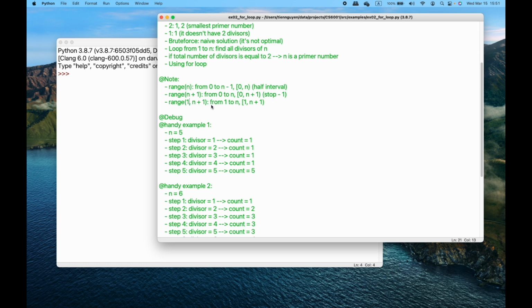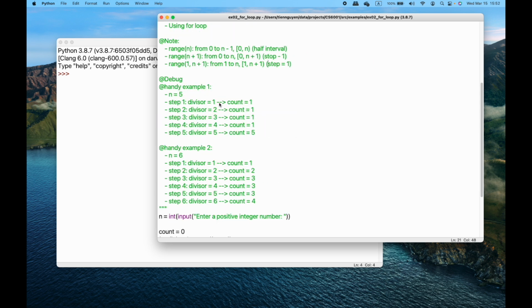It means you move from the value start, here 1, and we have a stop of n plus 1, so we will move from number 1 to n. So it's a half interval. And in the other case here, we have a step value equal to 1. It's the most important principle. I hope you still remember.